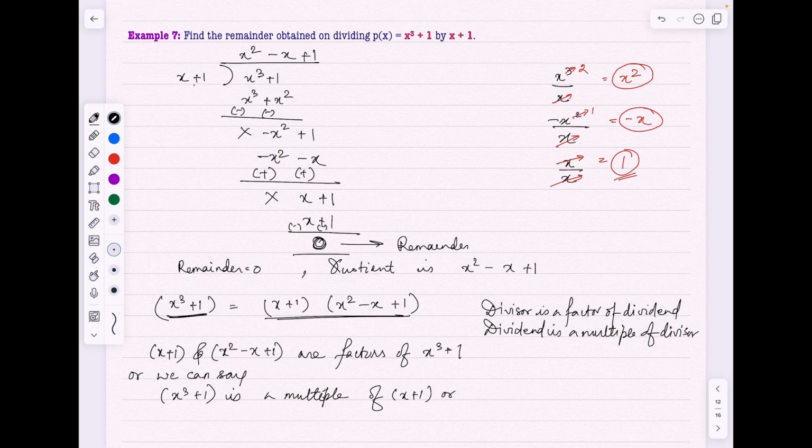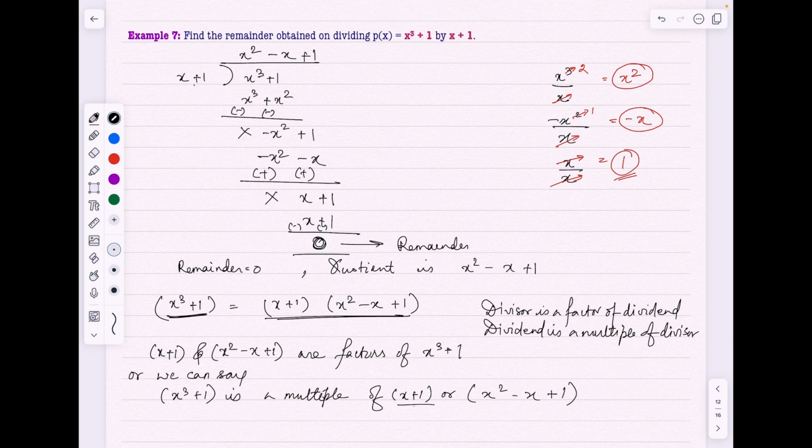See, here I have written 'and', here 'or', because for both of them you can write: x cube plus 1 is a multiple of x plus 1, or you can say this. Okay, or it is a multiple of both. Understanding? The same thing. The divisor is a factor of the dividend, and the dividend is a multiple of the divisor.